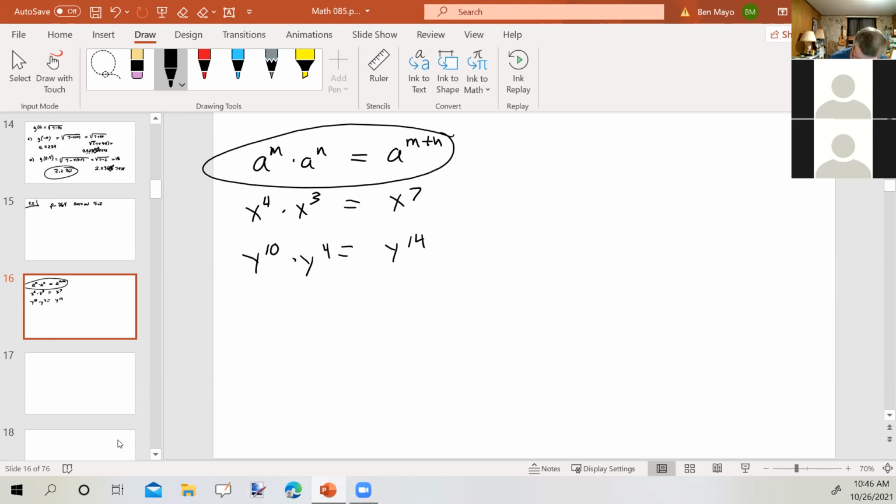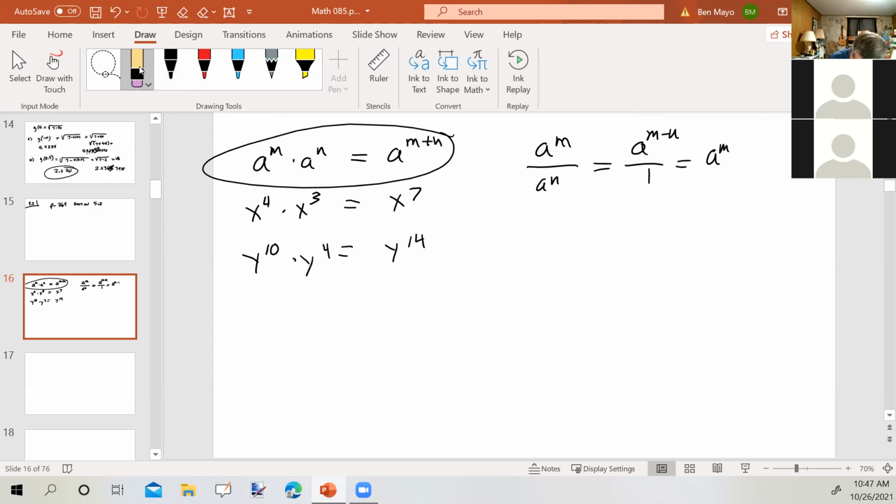Another rule says, if you're dividing two powers with the same base, you subtract the bottom exponent from the top exponent. So a to the m divided by a to the n is a to the m minus n. And this is all in the numerator, so it's like it's over 1 if you need to know in terms of its location.